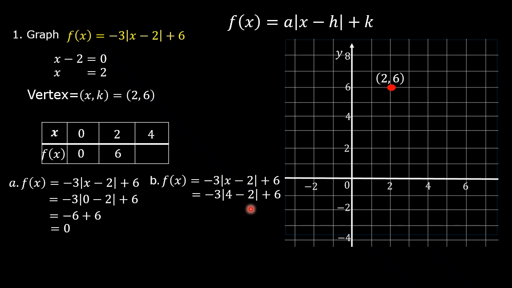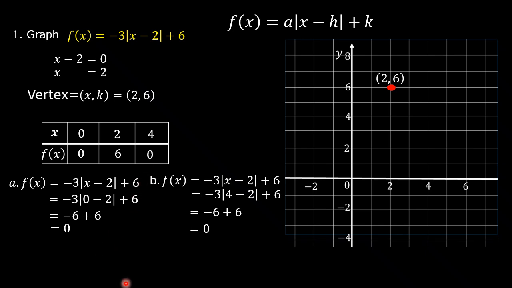The absolute value of 2 is 2. 2 times negative 3 is negative 6. So negative 6 plus 6, and negative 6 plus 6 is equal to 0. So when x is 4, f of x is equal to 0.